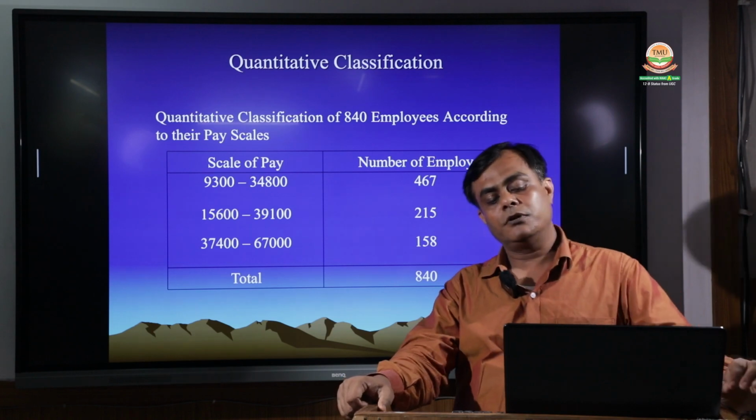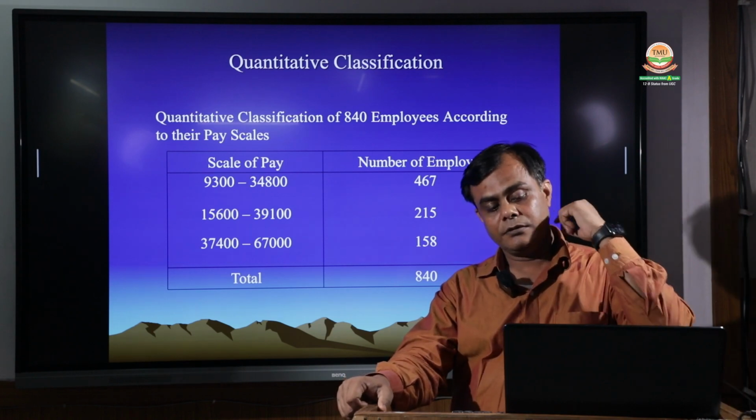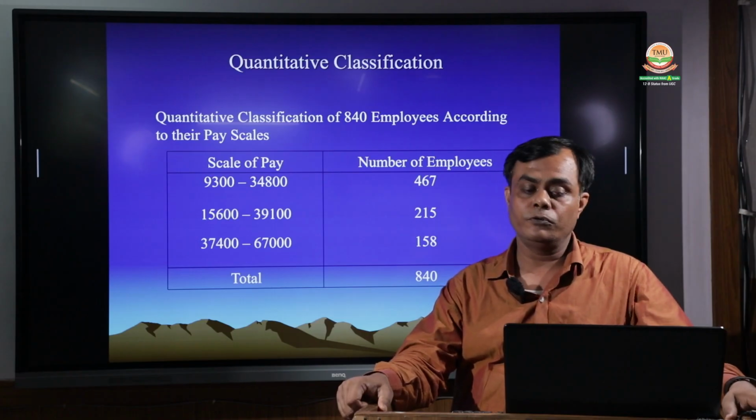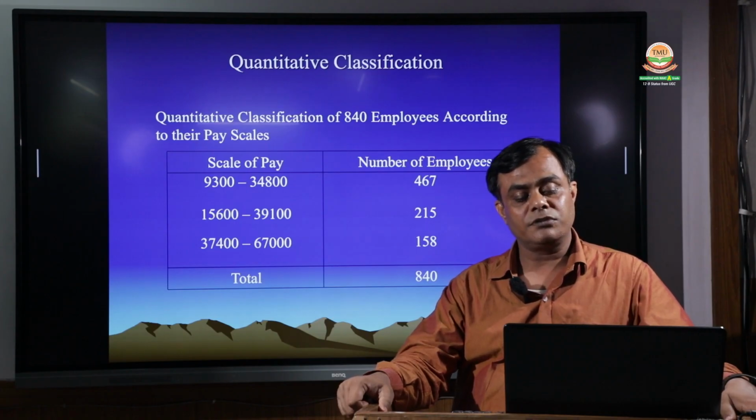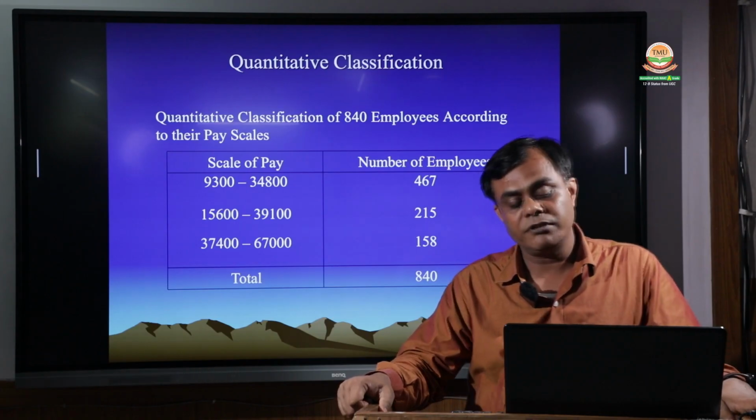9,300 to 34,800 pay scale group. The second pay scale group is 15,600 to 39,100. The third pay scale group is 37,400 to 67,000.